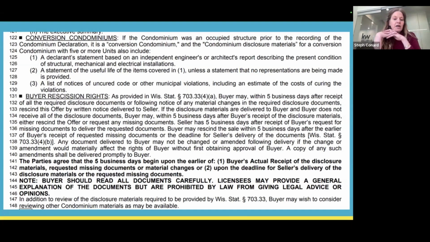Back to Joan's comments on receiving in the MLS, because the docs were made available within the MLS. I disagree. I'm in line with Joan disagreeing that the days could count prior to even writing an offer. If you want to include verbiage that the buyer received all of the condo docs within the offer to purchase, you could do that, and then maybe those 5 business days begin upon acceptance.